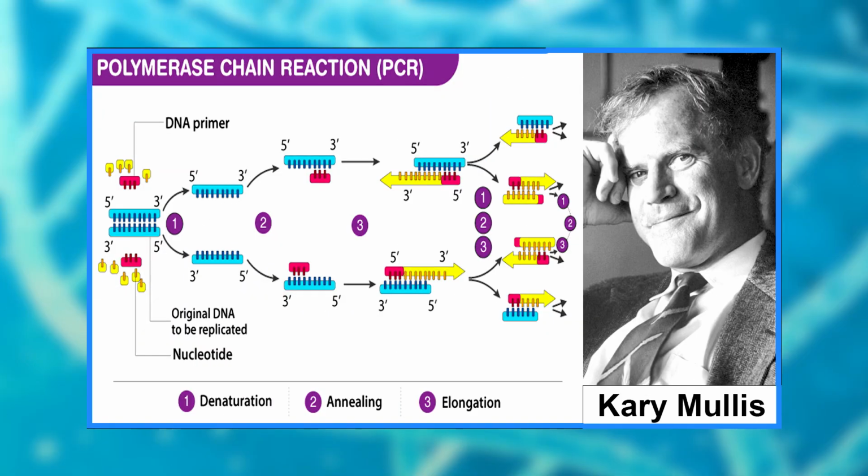The polymerase chain reaction or PCR is a method widely used to rapidly make millions to billions of copies, complete or partial, of a specific DNA sample. The PCR technique was invented in 1983 by the American biochemist Kary Mullis.